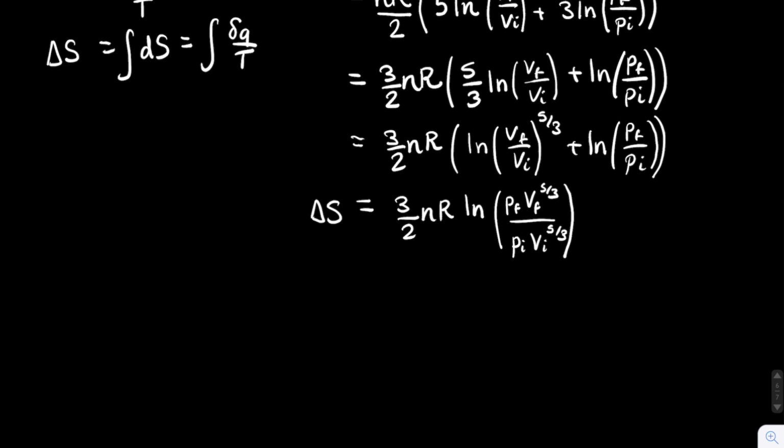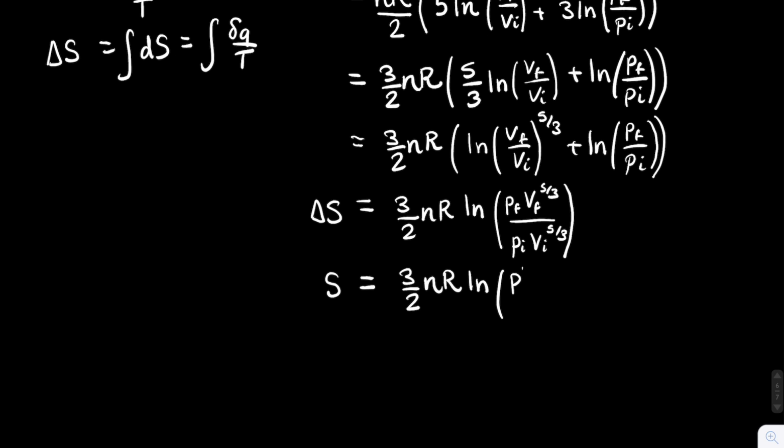And what I can actually write, you might find this step a little bit weird, is that the total entropy is exactly the same as this. So 3/2 nR times the log of, you see, I said that PV to the 5/3 is essentially a constant, just like in the adiabatic process.